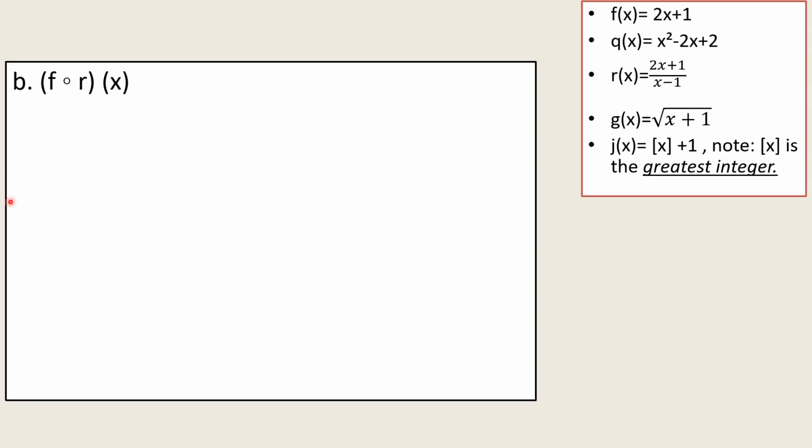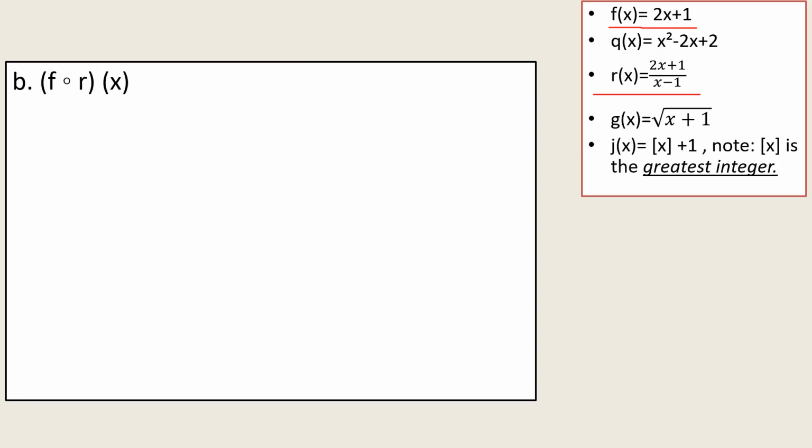For the next example, we have item B, which is equal to the composite function of f and r of x. So, ang gagamitin natin dito sa mismong box na to would be the two functions. Ano yung unang function? Function f and function r. Okay?